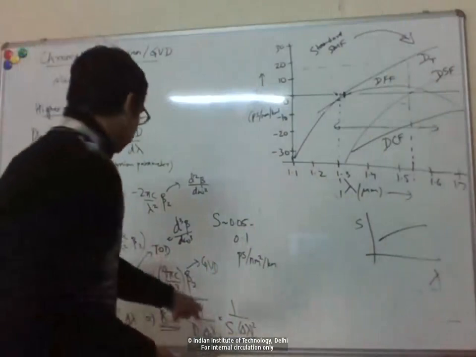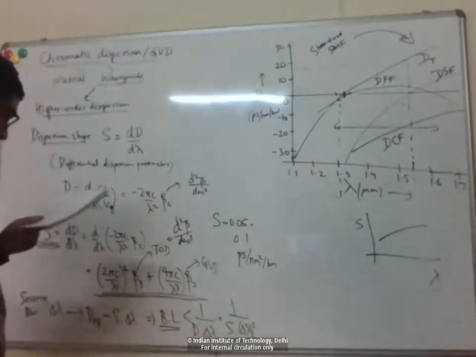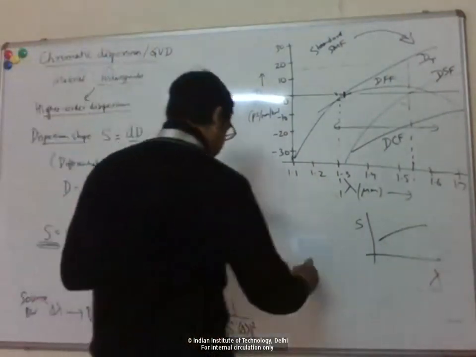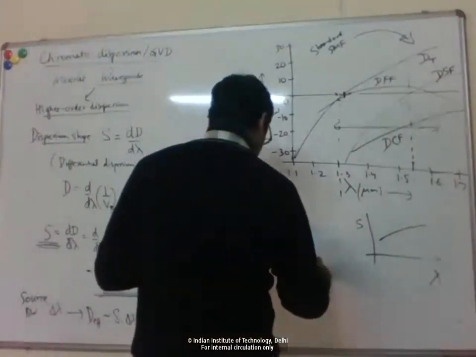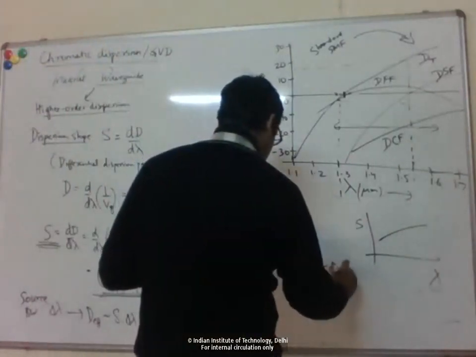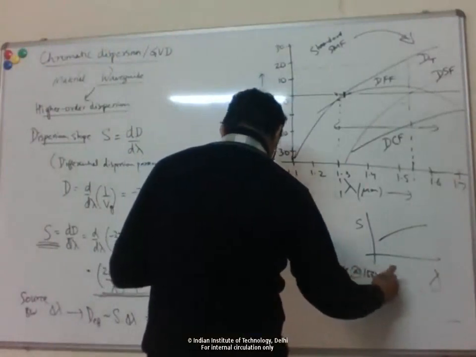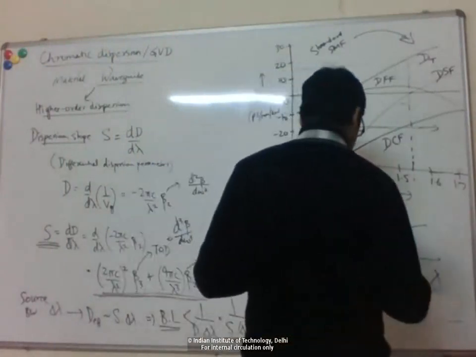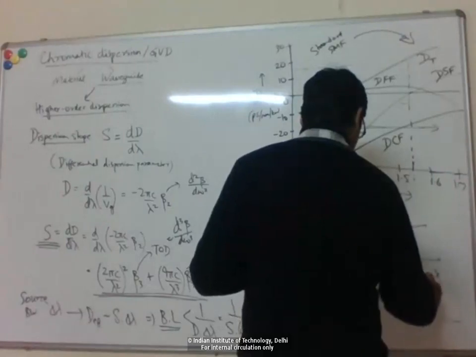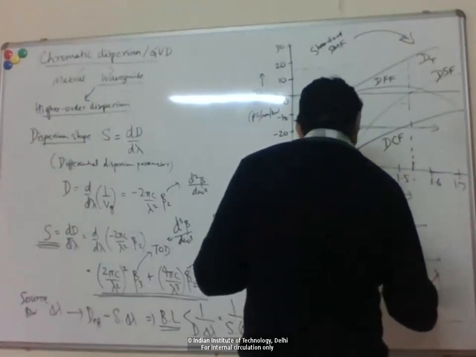But then what is the ultimate limit on this? We can estimate. So let's say a laser diode at 1550 nanometer with delta lambda 2 nanometer.